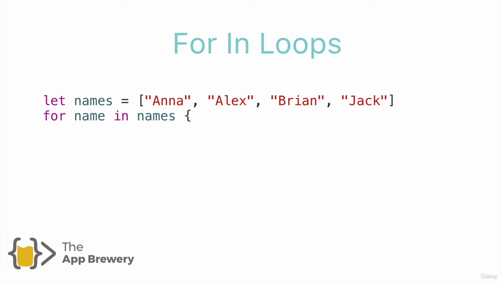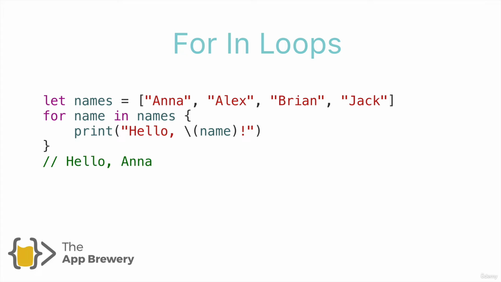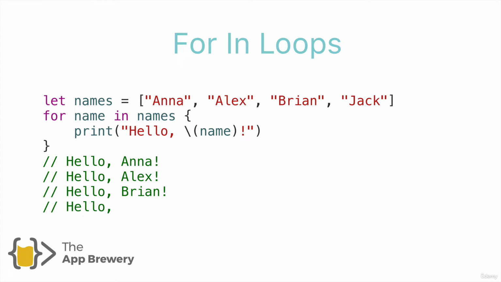So now when we go ahead and print each of the names with a hello, what's going to happen is this loop is going to run for as many times as there are elements in our array. So in this case, it's 1, 2, 3, 4. And once this code gets executed, we'll see hello Anna, and then hello Alex, hello Brian, and hello Jack.